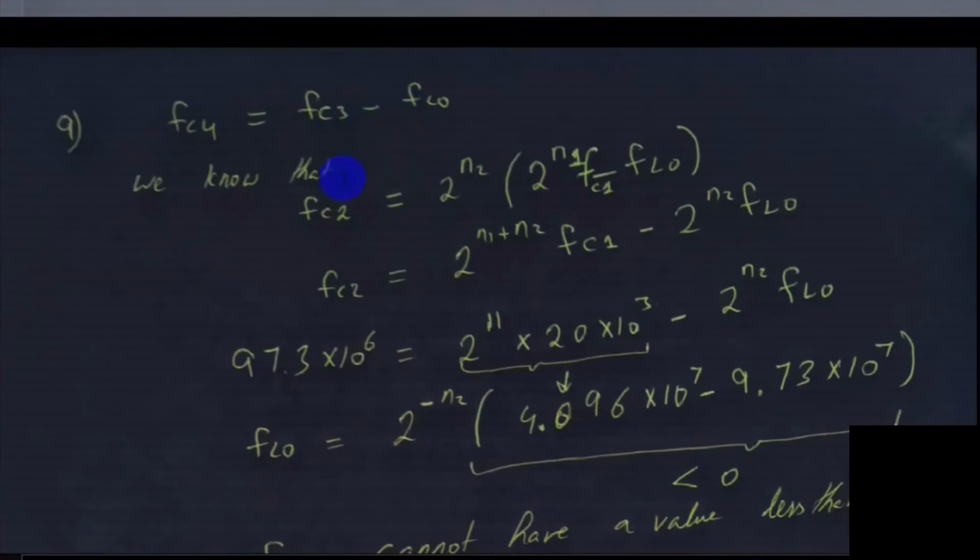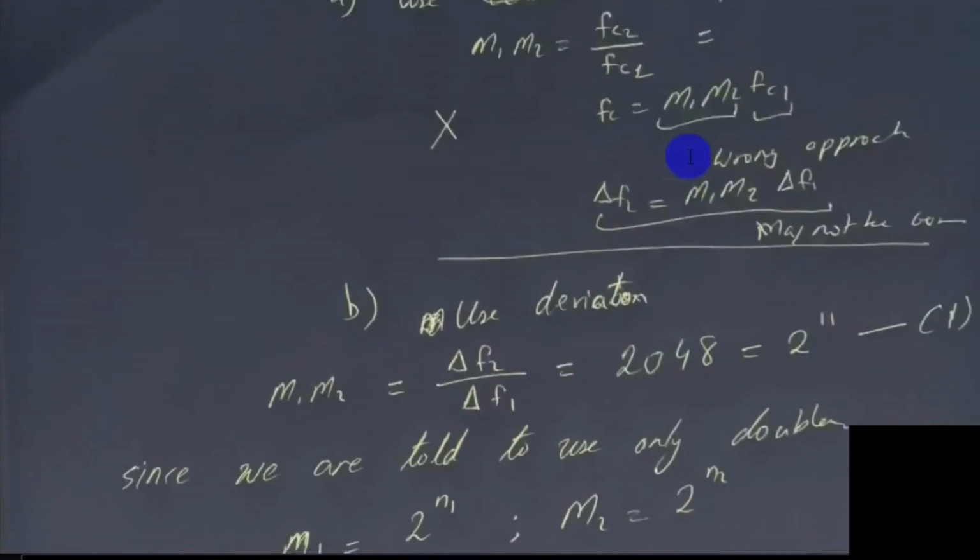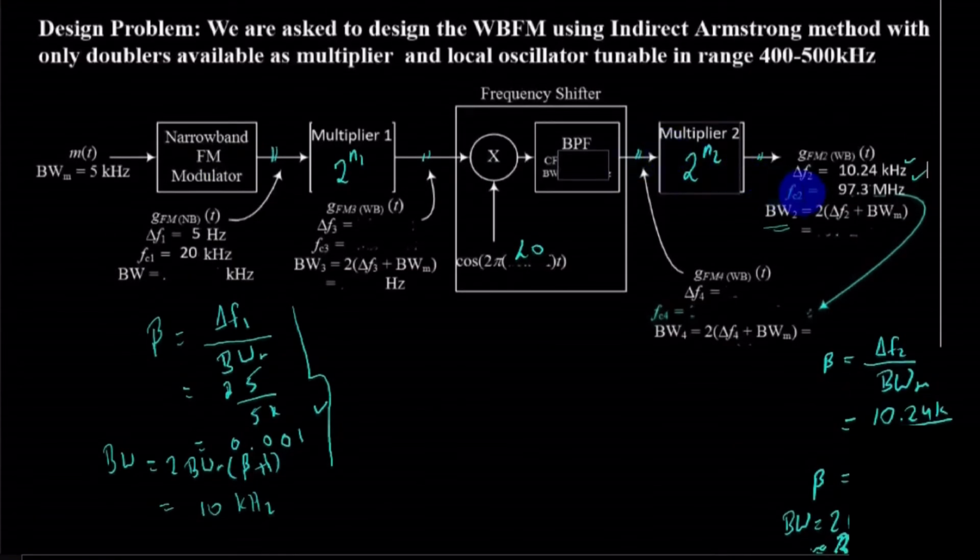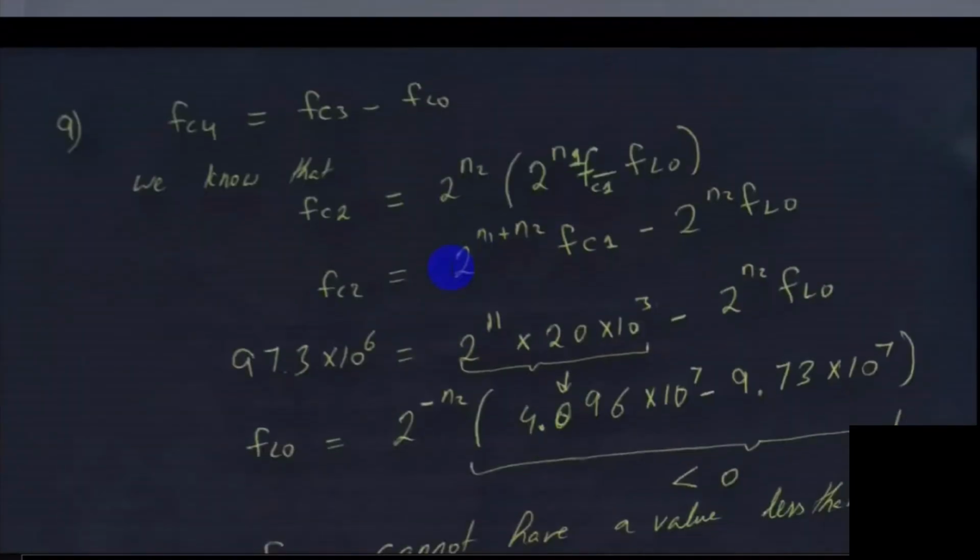Okay, so for that, this is expressed over here. This says that we can revisit this whole problem from the end, from the wideband FM, and our carrier frequency at the output of narrowband FM is equal to 2 power n2, the second multiplier, multiplied by all of these blocks.